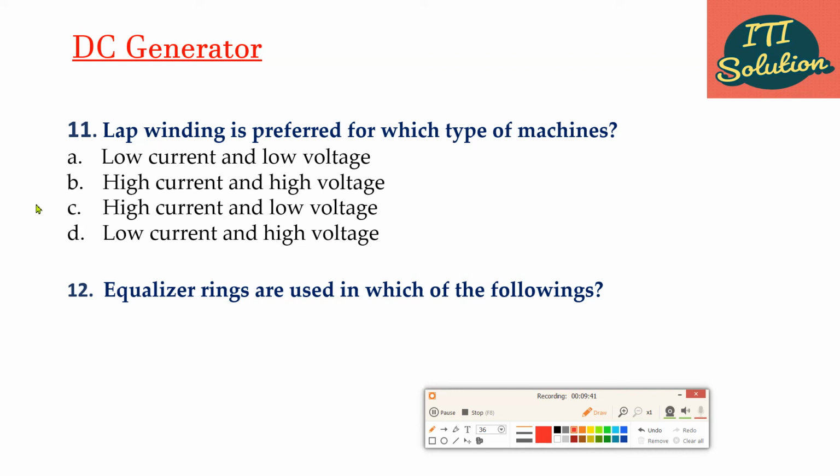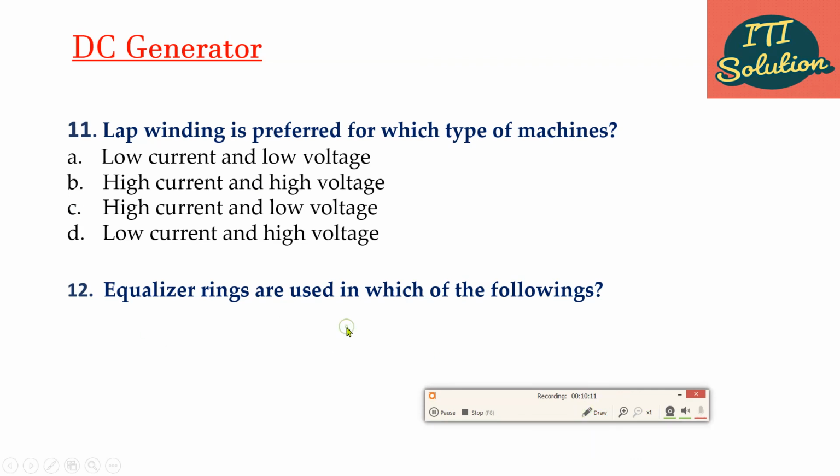And the correct answer is option C. Lap winding is preferred for high current and low voltage because the number of parallel paths is more in lap winding than wave. So output current is more, and automatically voltage is low. Next question.